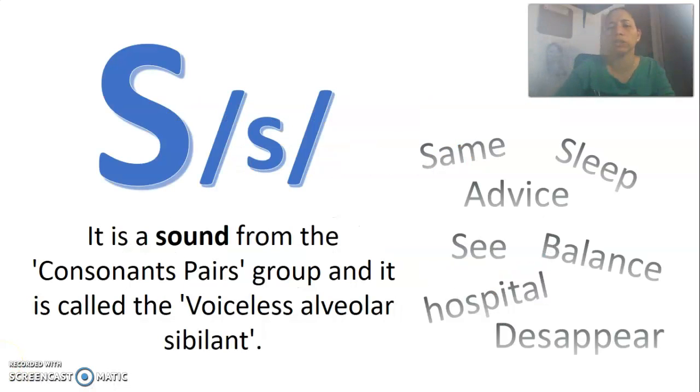Now let's talk about the S sound. This sound is a sound from the consonant pairs group as well, and it is called the voiceless alveolar sibilant. You can see this sound in words like same, sleep, advice, see, balance, hospital, disappear.